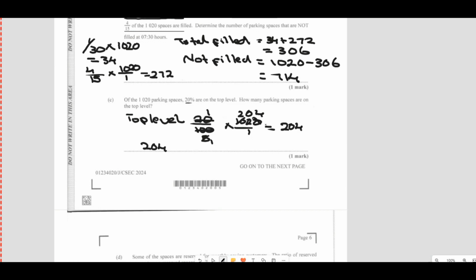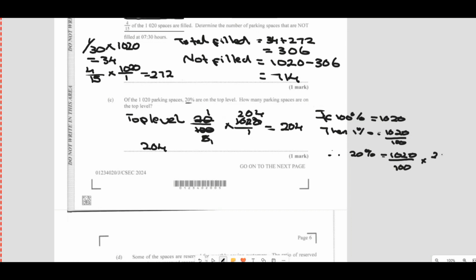The next way is what we know, the if-then-therefore method. If 100% is equal to 1020, then 1% would be 1020 divided by 100, and therefore 20% would be 1020 over 100 multiplied by 20 over 1.